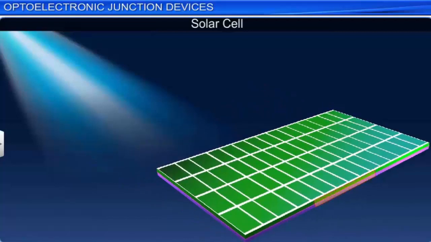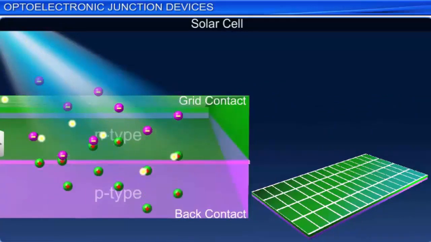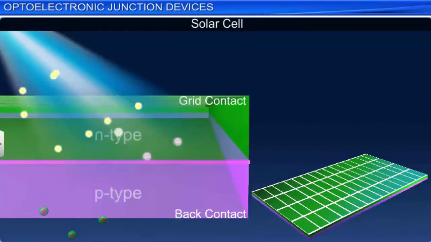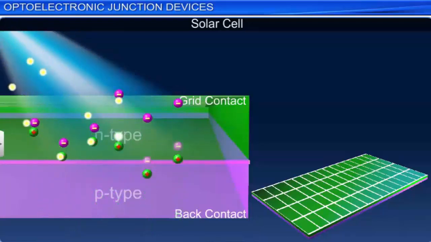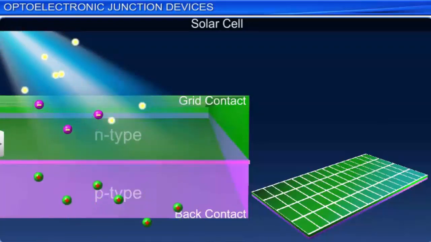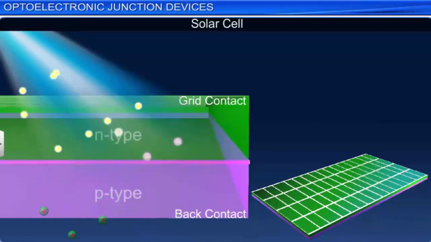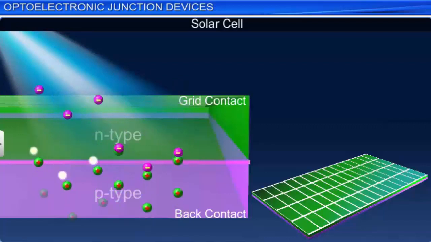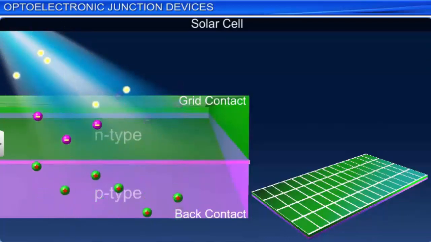A solar cell works on the same principle as that of a photodiode, where incident light generates electron-hole pairs in the depletion region of the p-n junction. As in a photodiode, the holes are pushed towards the p side and electrons are pushed towards the n side due to the electric field in the depletion region of the solar cell.